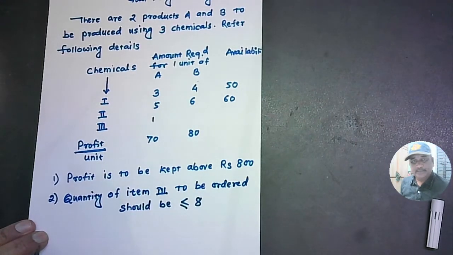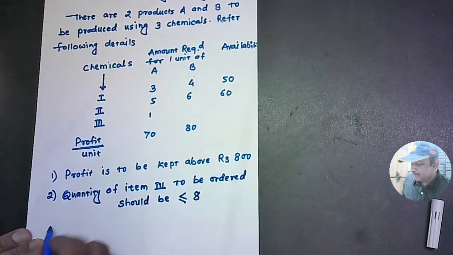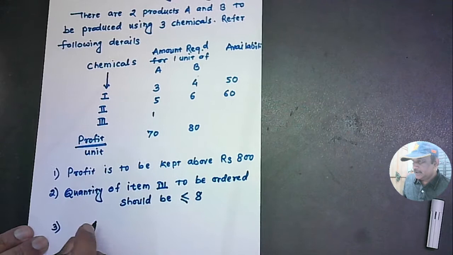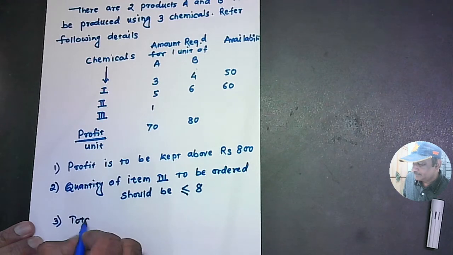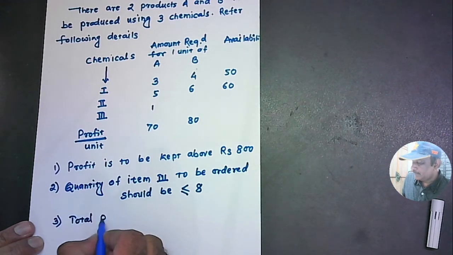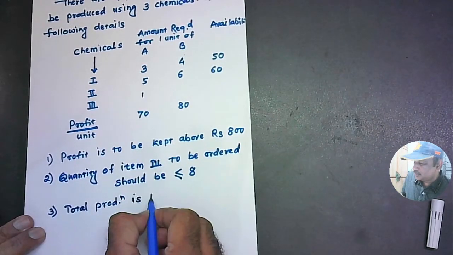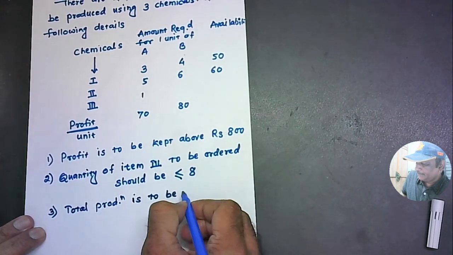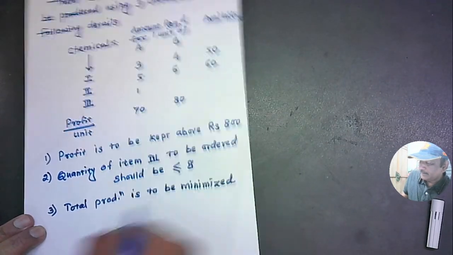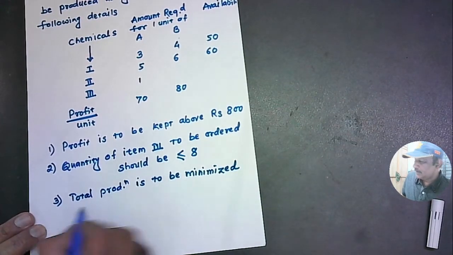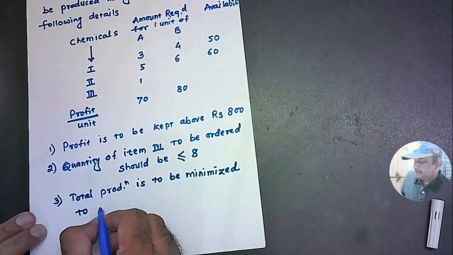And third, because of certain limitations, total production is to be minimized to 8.